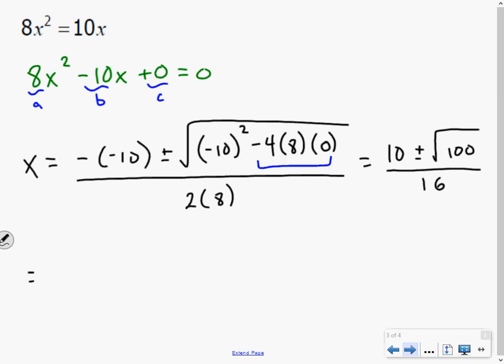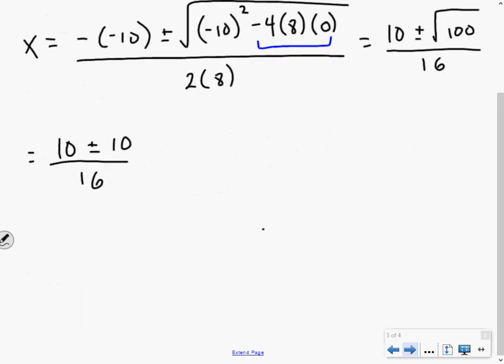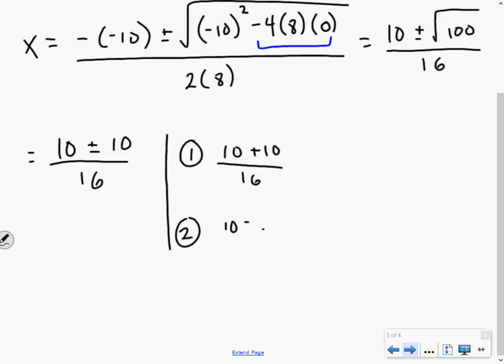So now we can take the square root. 10 plus or minus 10 over 16. Okay, and then here we can split that into our two calculations again. Our first solution is going to be given to us from 10 plus 10 divided by 16. And the second one will come from 10 minus 10 divided by 16.